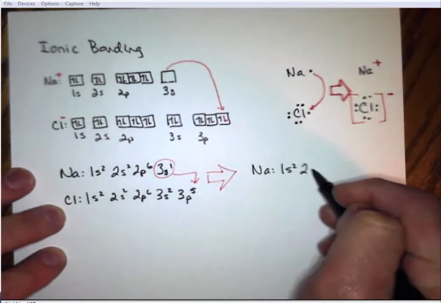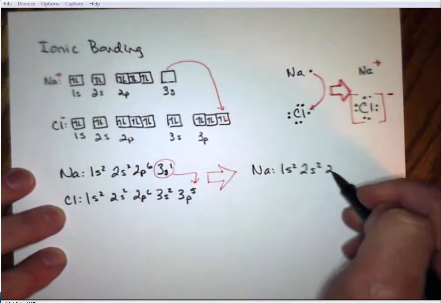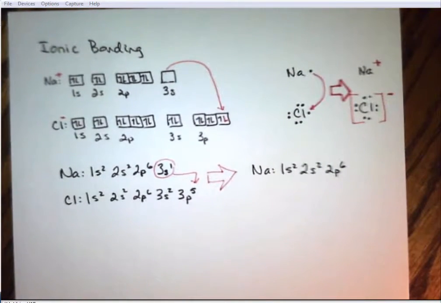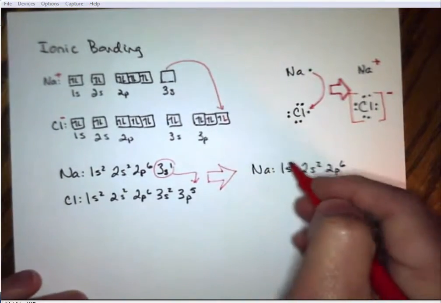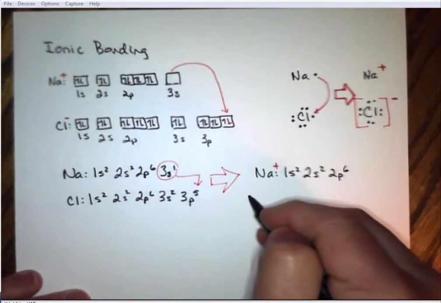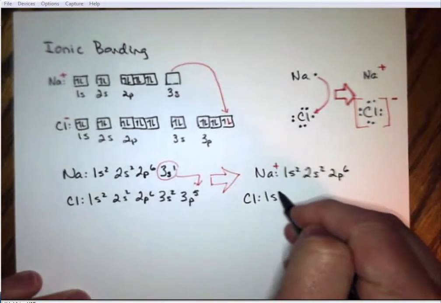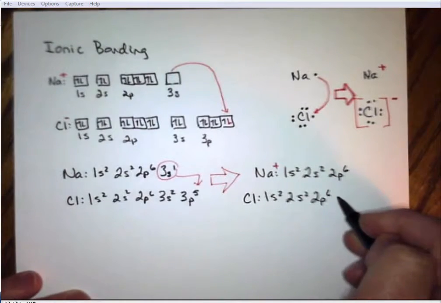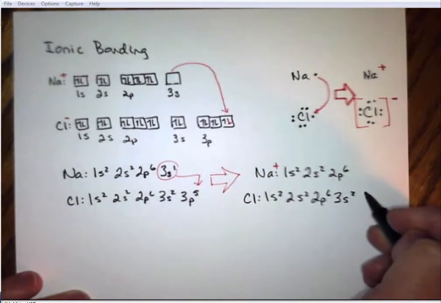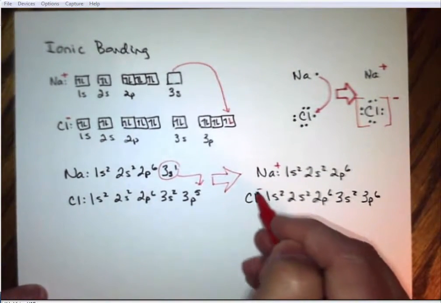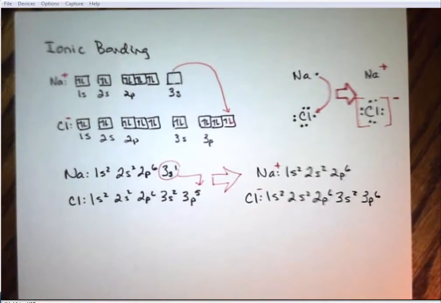This sodium is now 1s2, 2s2, 2p6 with a positive charge on the sodium because we've removed an electron. And the chlorine, 1s2, 2s2, 2p6, 3s2, and 3p6. Since it gained that electron right there, this chlorine is a chlorine ion, or a chloride, and it has a negative charge.